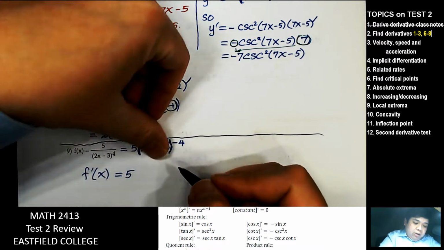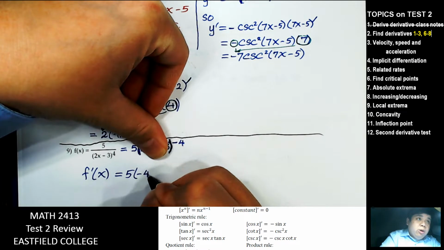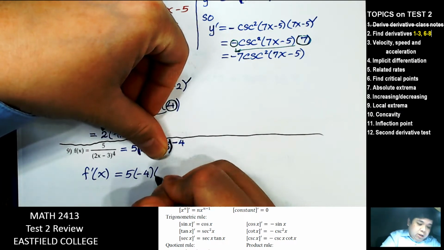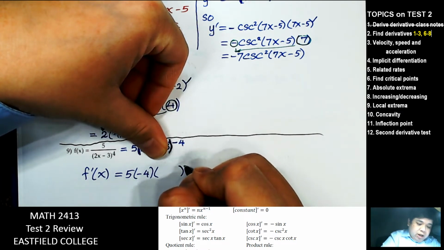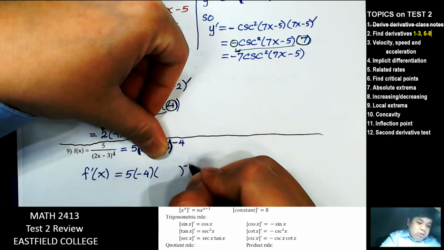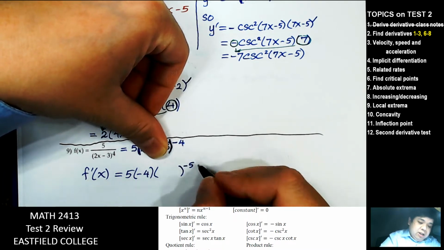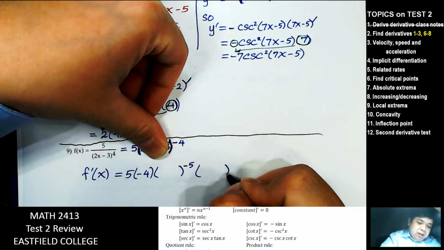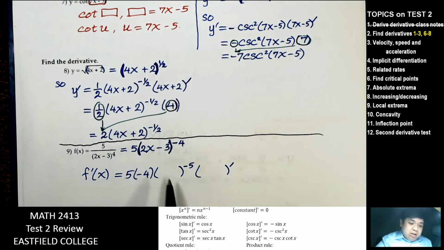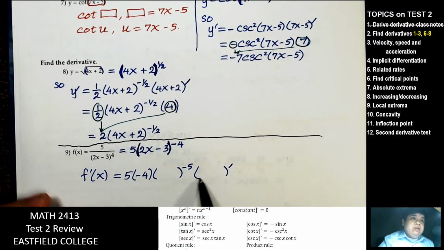It will be 5 times negative 4, the parentheses to the negative 4 minus 1 will be minus 5, and then the derivative inside. Right, I'll let you finish. Just need to put 2x minus 3 inside and then take the derivative and then simplify anything we can.